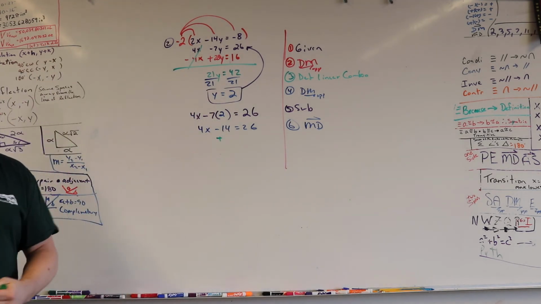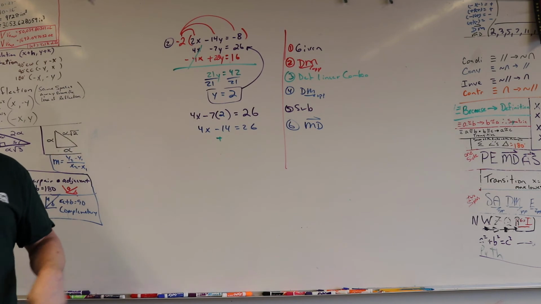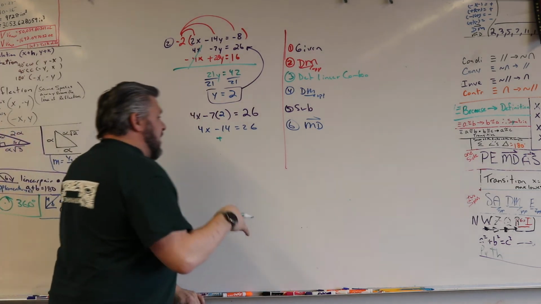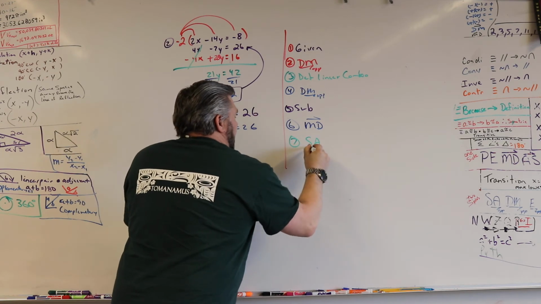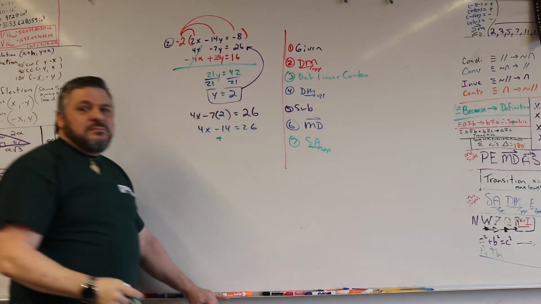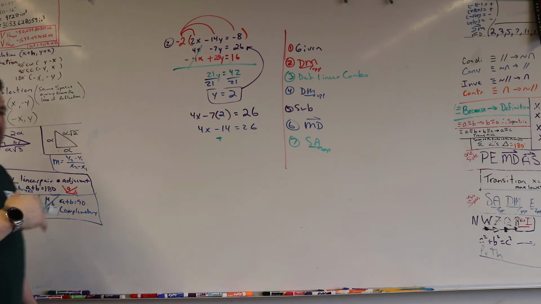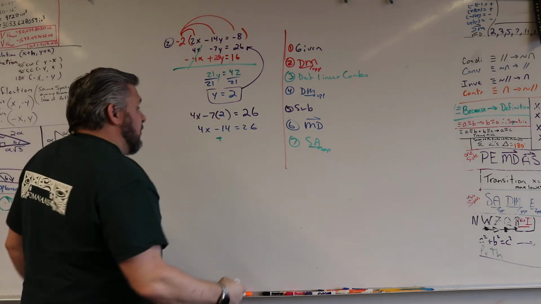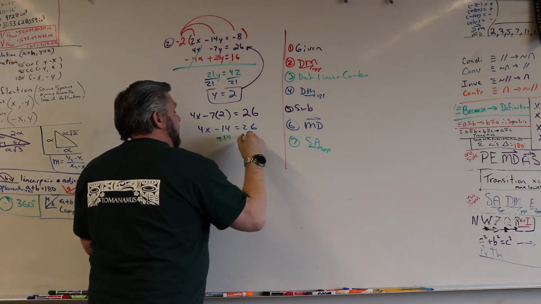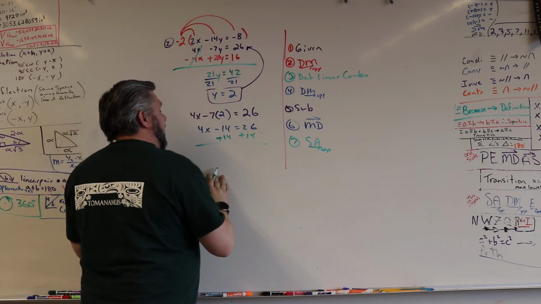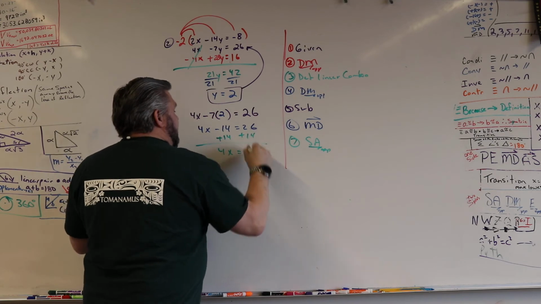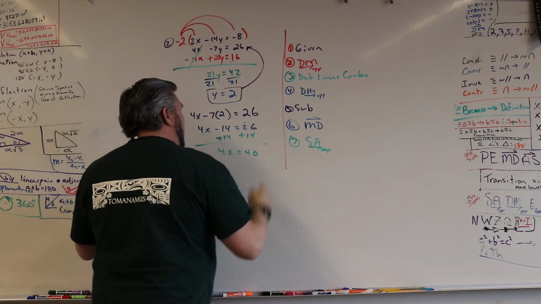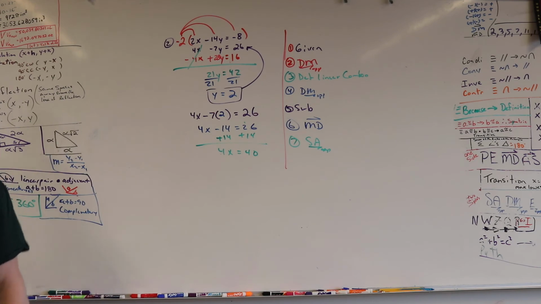So in geometry, it's called addition property of equality, but here in algebra, we're still keeping it as SA, right? But the arrow's on the bottom, right? It's not PEMDAS, it's not AS. We do it on both sides. We're going to add 14 on both sides. Okay? So I get 4x is equal to 4 and 6 is 10, and that's 40. Okay? All right.